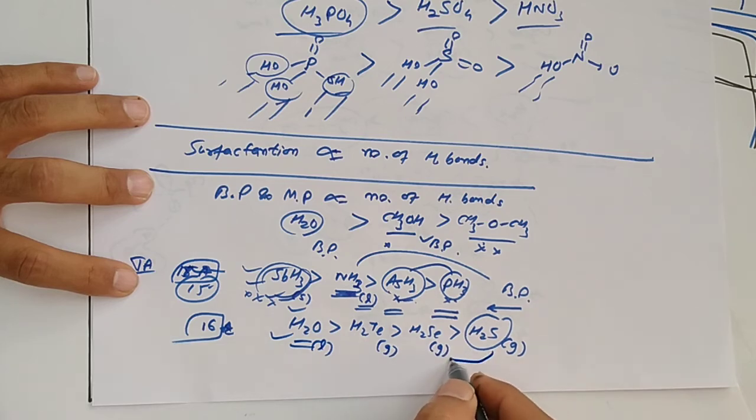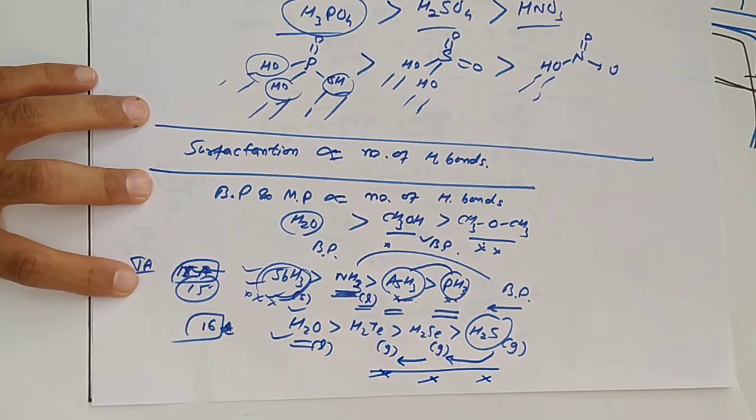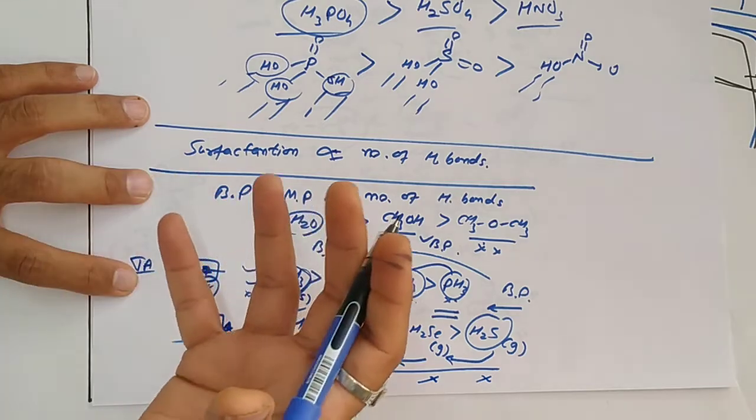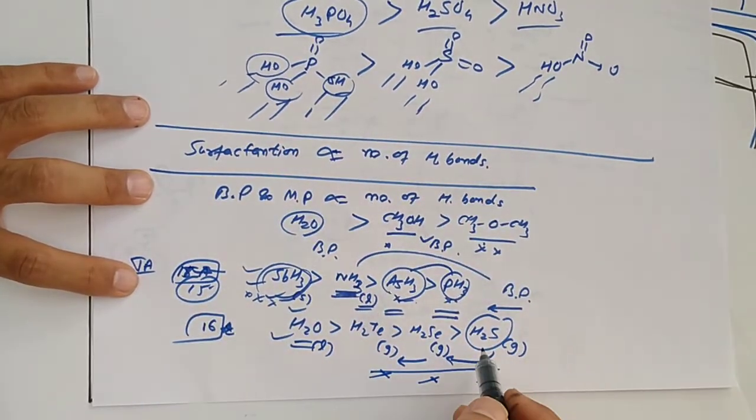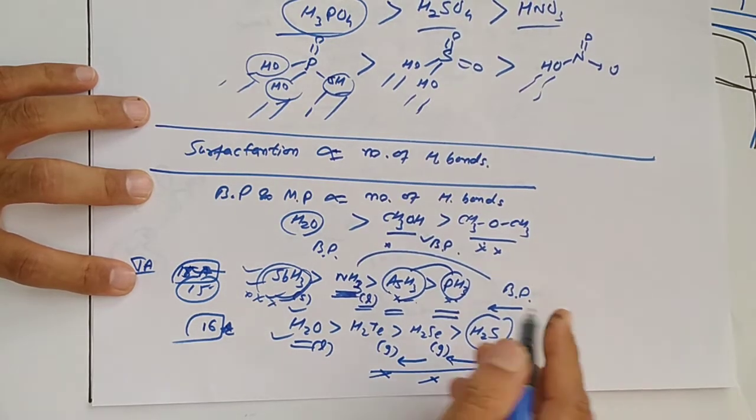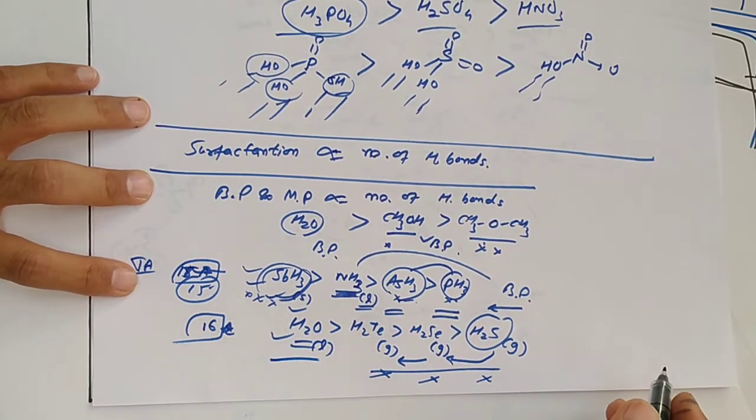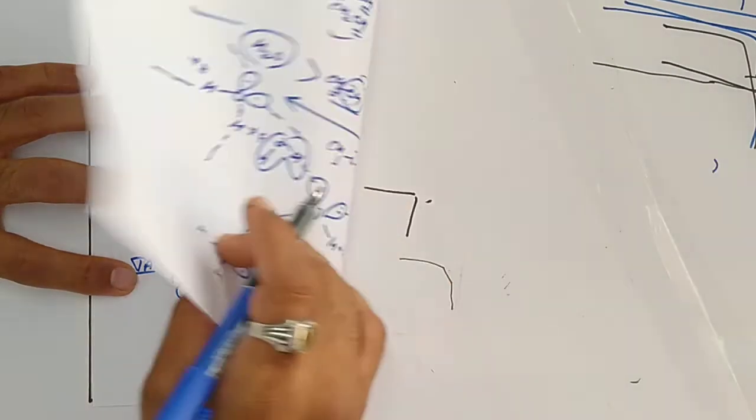Here sulfur, then selenium, then tellurium: molecular mass increases, so boiling point increases. Out of these three there is no hydrogen bond, but due to increasing molecular mass, van der Waals attraction increases, so melting point and boiling point increase gradually. Water is highest due to hydrogen bonding.